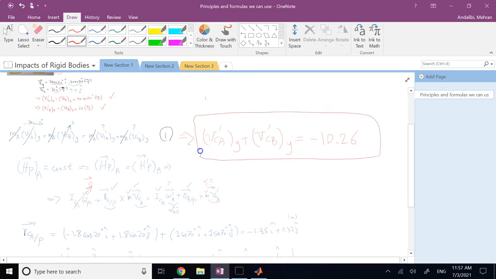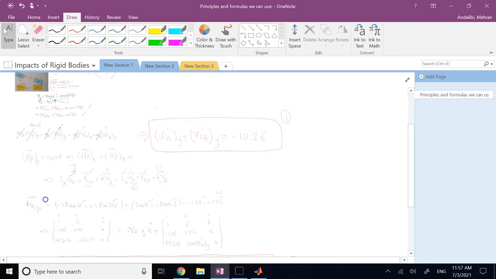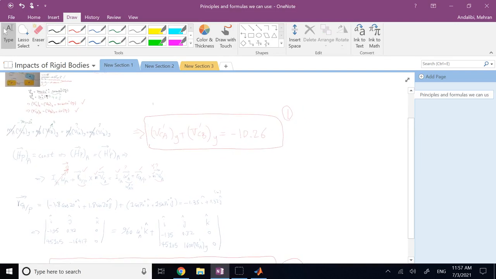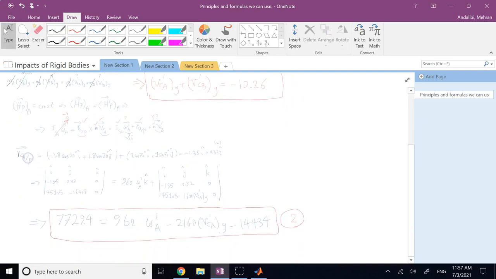And this guy, let me call this one equation number 1. It's better to call this one 1, because that's written nicely. Okay, so I got equation 1, I got equation 2.